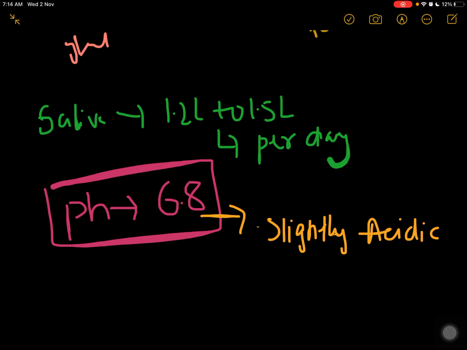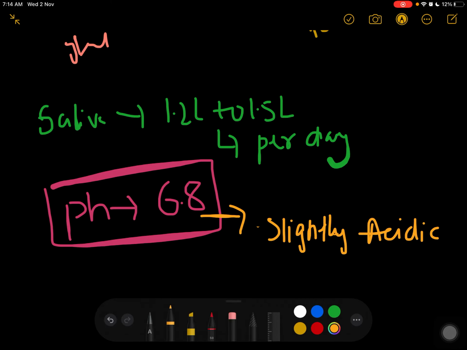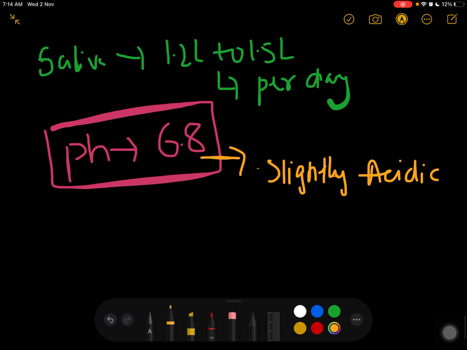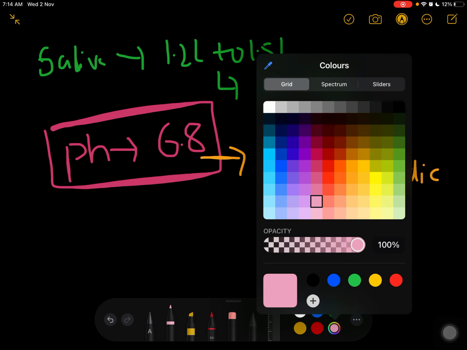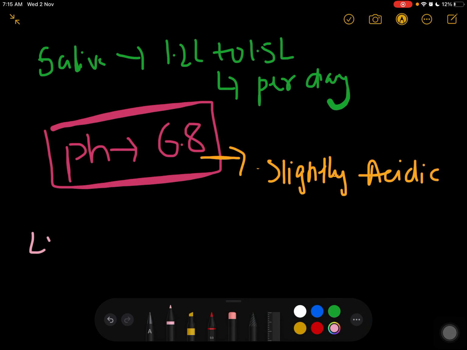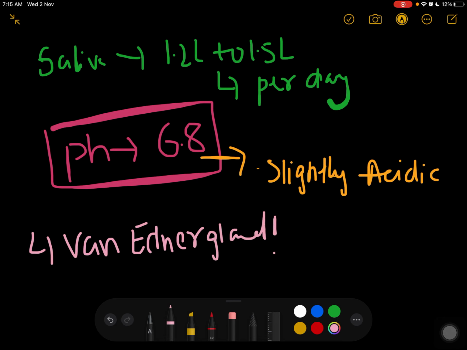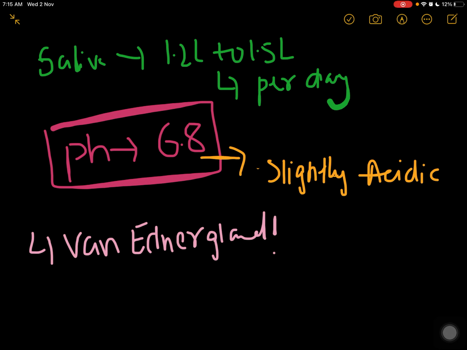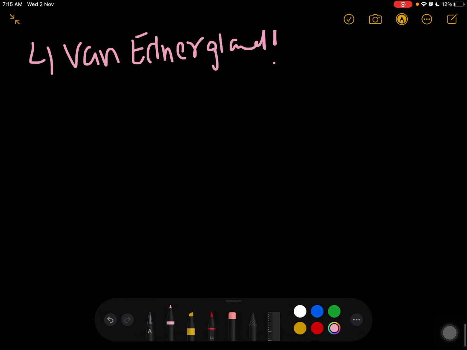Okay, there's another gland, but it is not written in any book. It is based on research papers. Let me tell you the name of that gland. It is something like von Ebner gland. It is not written in any book, but it's based on research papers.